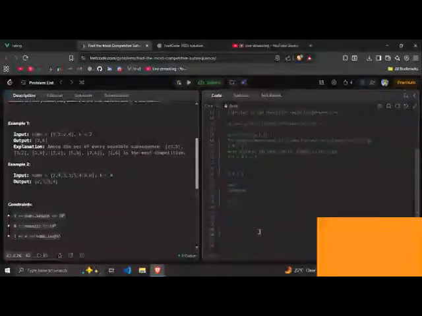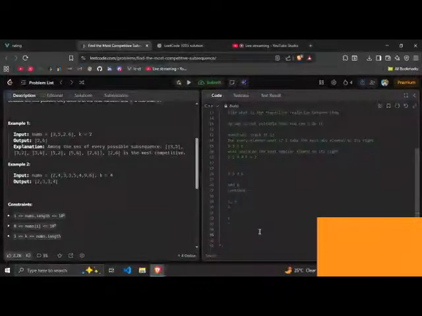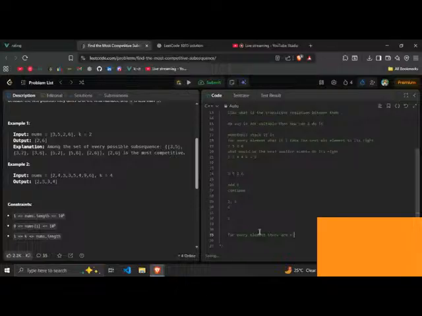Like for every element, there are n number of choices. For two elements, there are four choices.